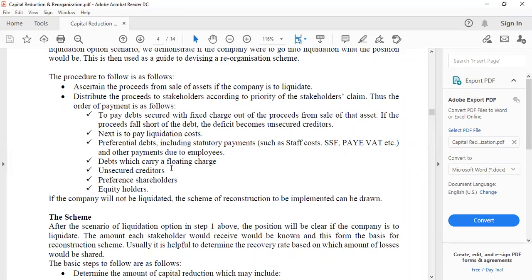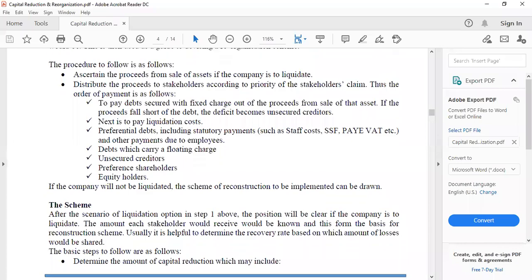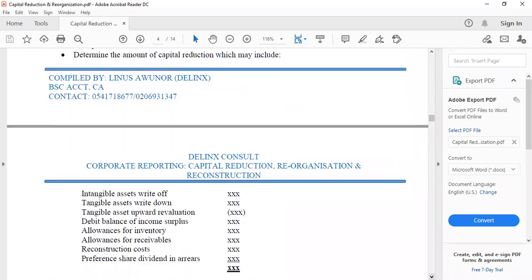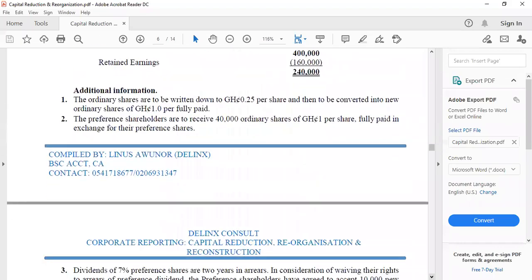If you still have balance, do you have balance? Yes. What will be the balance that we left? 2250 less 750 less 10. We are going to have 1490. Let's look at how this will be done.